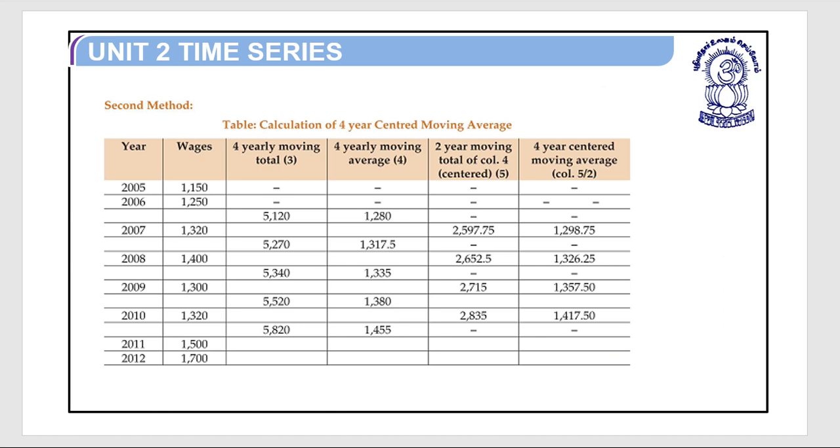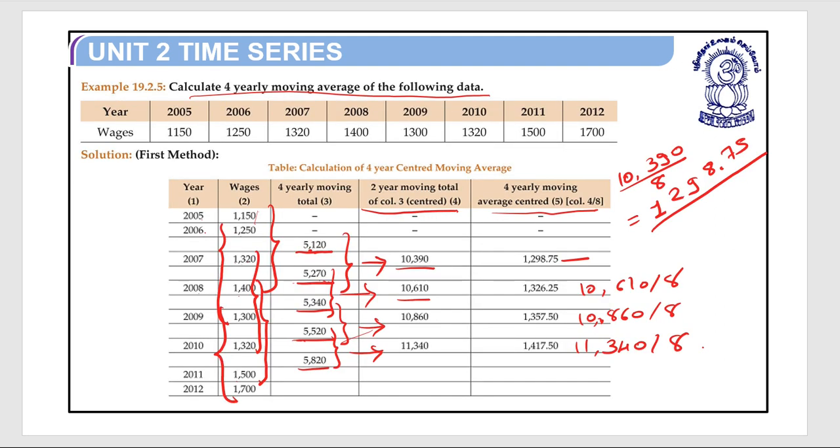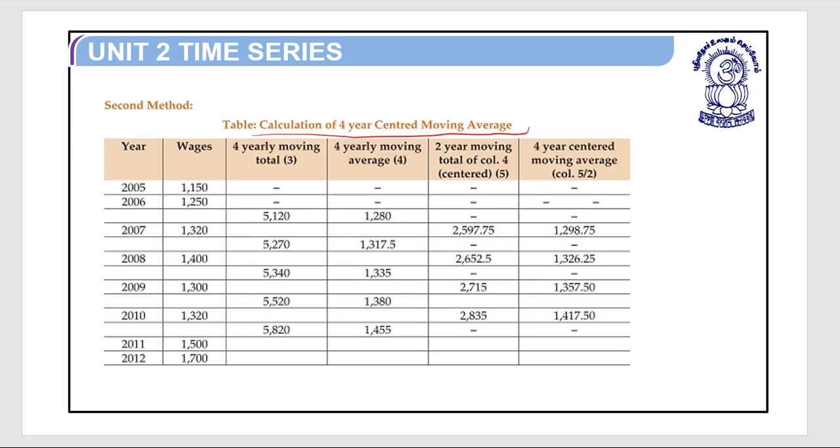Second method is table calculation of 4-year centered moving average. Up to third column that remains the same procedure.